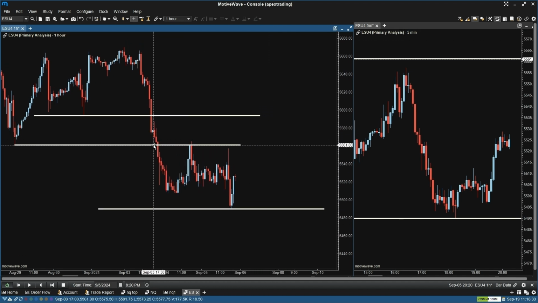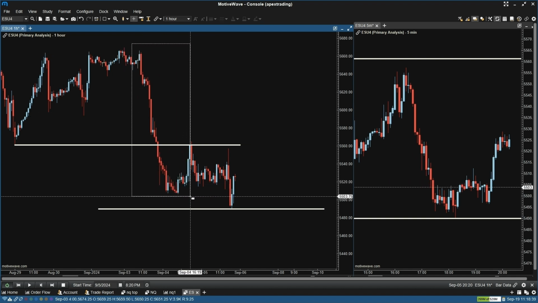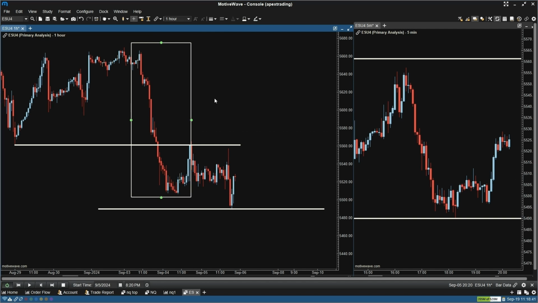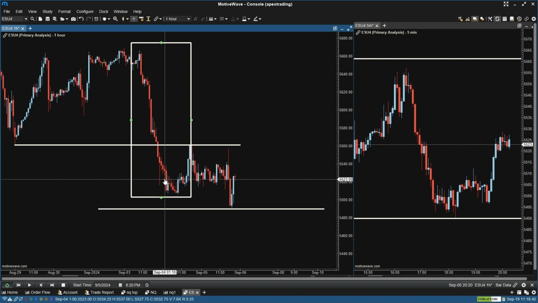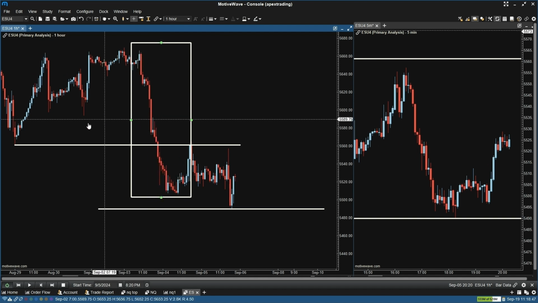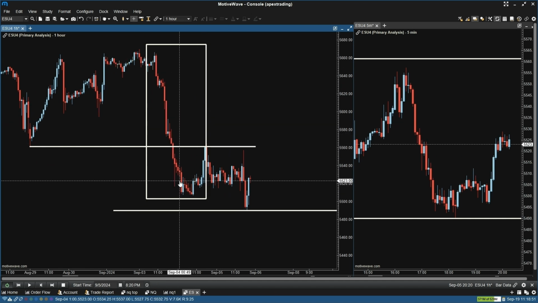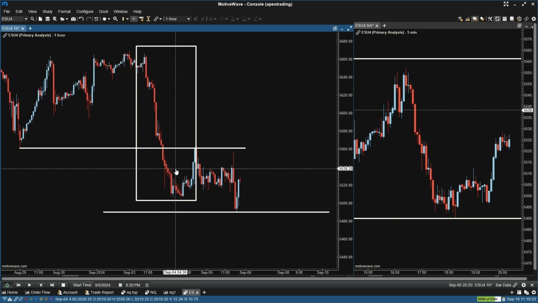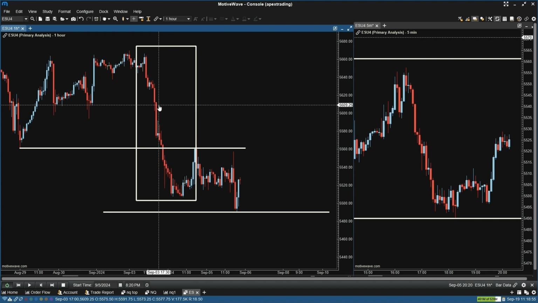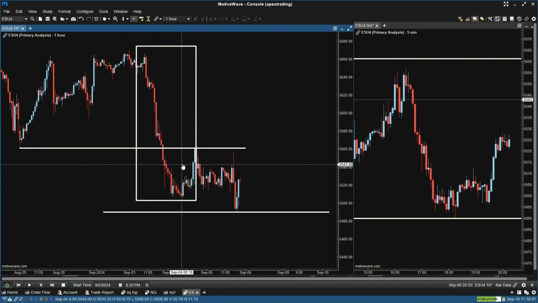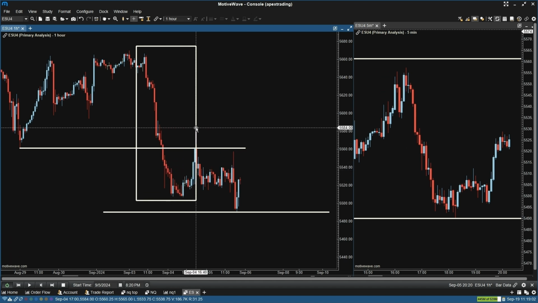We have this displacement move breaking this hourly low, signifying that we are bearish on the higher time frame, and there's high selling pressure on the higher time frame. Sellers are in play. Sellers want to push the price down.